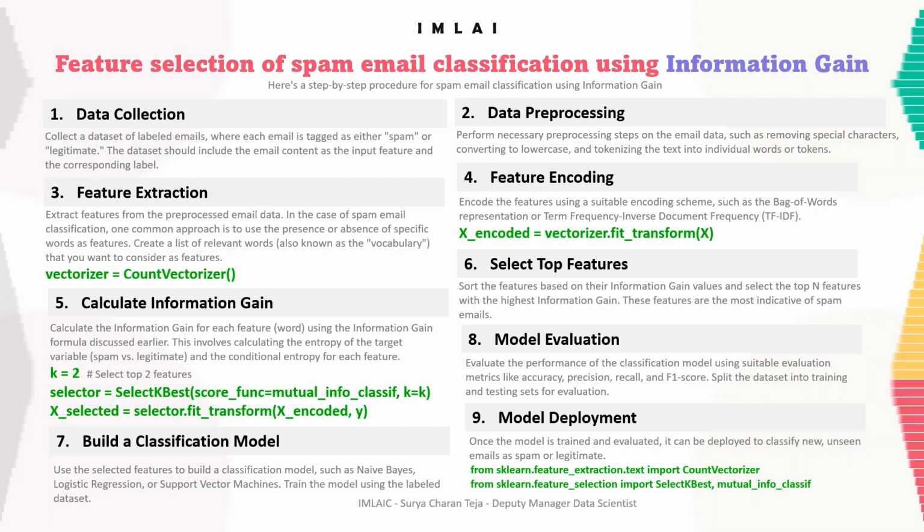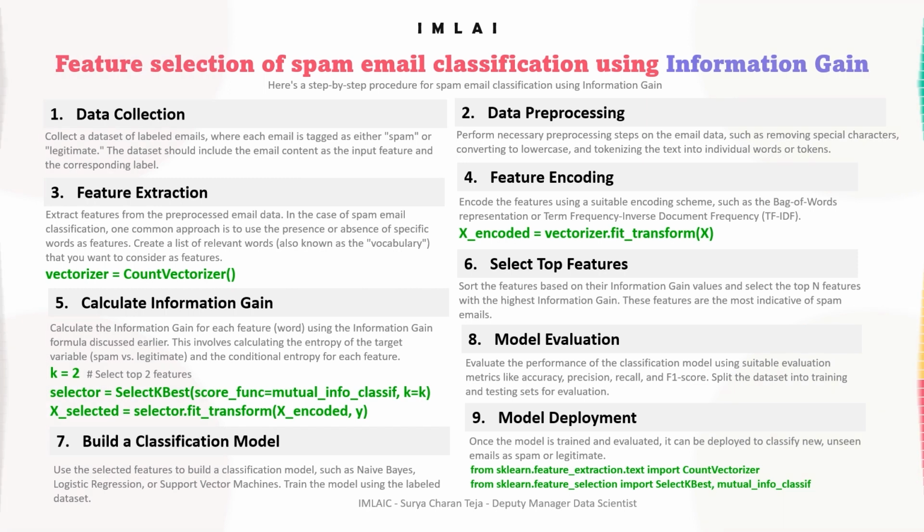They rank or score features using statistical measures or heuristics such as correlation, mutual information, chi-square test, or variance threshold. So features are selected or discarded based on these rankings or scores.